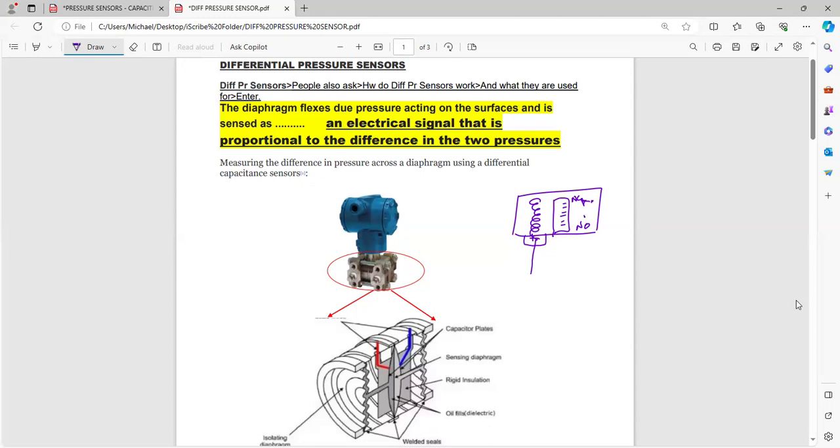You're going to have a pressure transmitter, rather than a pressure sensor, that is going to give you a remote reading. In a pressure transmitter, normally a differential pressure is used to give you that particular reading. Okay, sir.